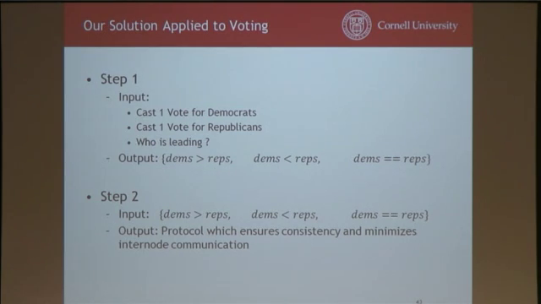The output of the second step is going to be a protocol which ensures consistency by requiring that the replicas always stay in the same equivalence class, so that whenever you change from one equivalence class to another, the protocol ensures that happens consistently, and no one perceives that you are in two different states. That's how we are going to achieve strong consistency.